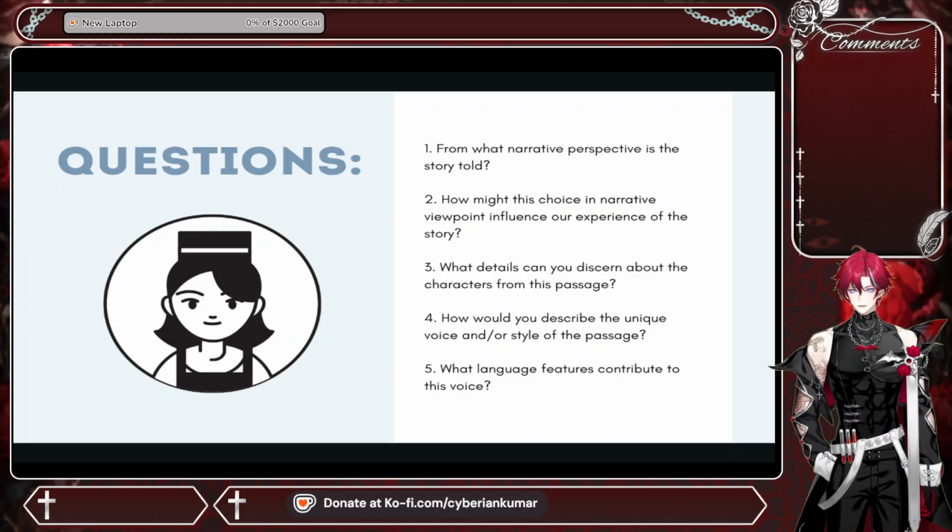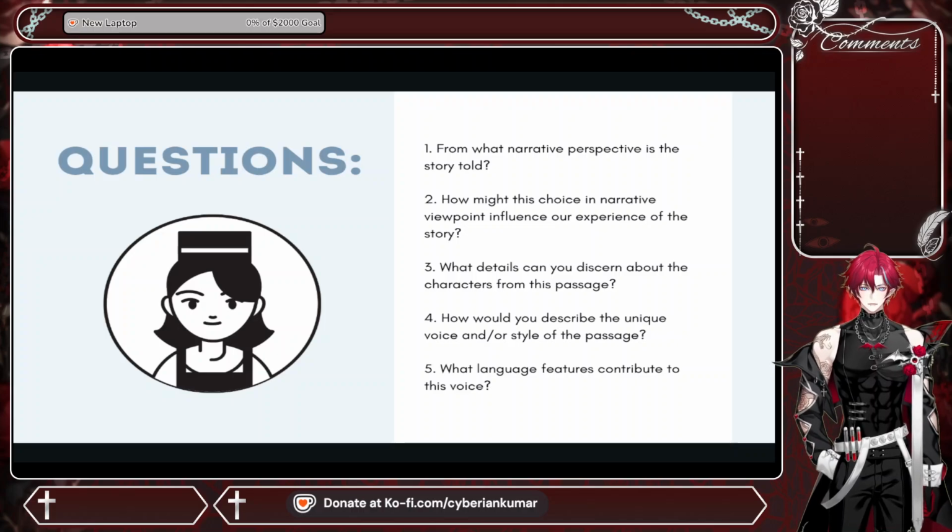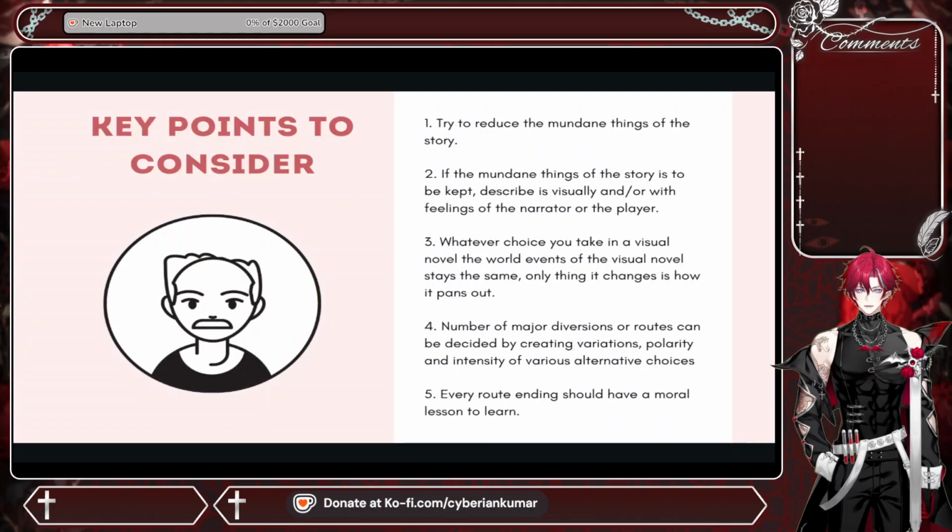The fourth one is, could you understand the voice or the style of the passage? You have to describe it and write it down. And then figure out what language feature contributes to this voice. So you can understand it.